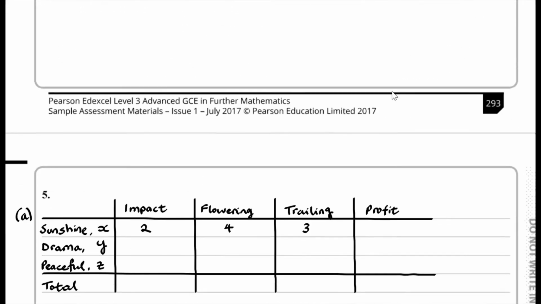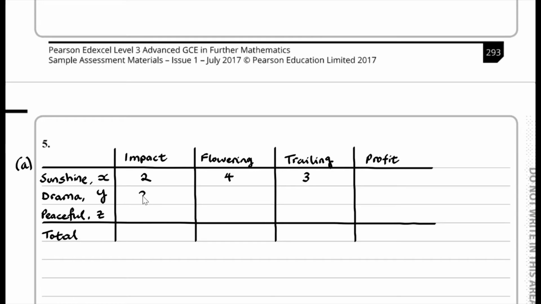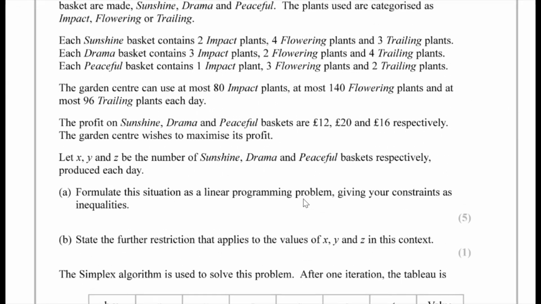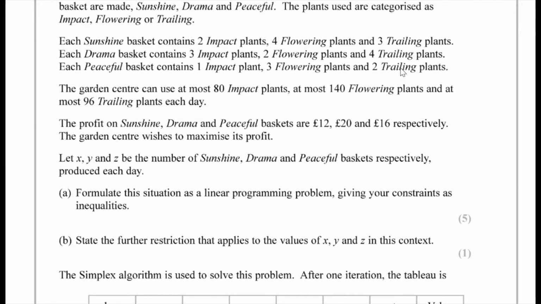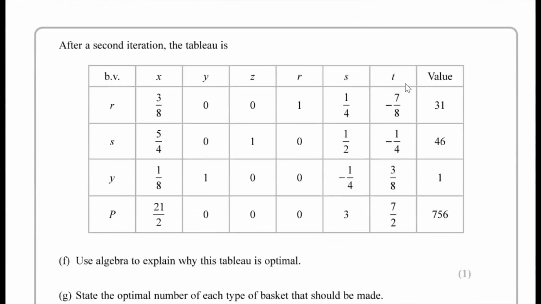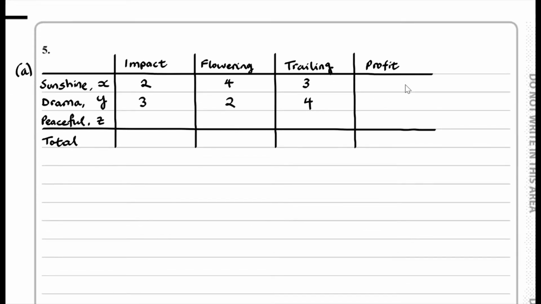So let's just add this in. We have 3, 2, 4. And if we take a look at Peaceful, we have 1 impact, 3 flowering and 2 trailing. So we have 1, 3, 2.